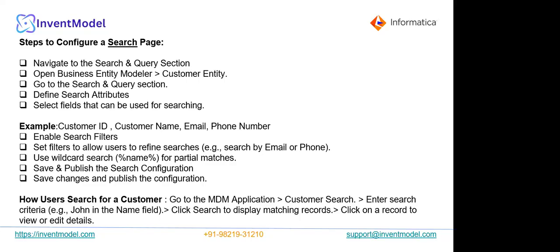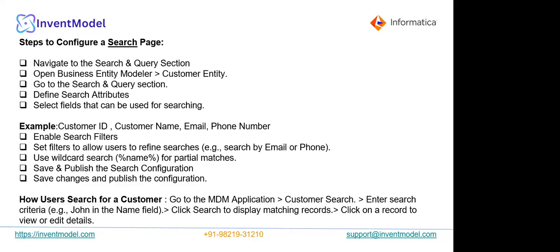Set the filter to allow users to search by email or phone number. We can use a wildcard like percent on whatever column we want, such as name, for partial match. After that we save it, and it will publish all the configuration.